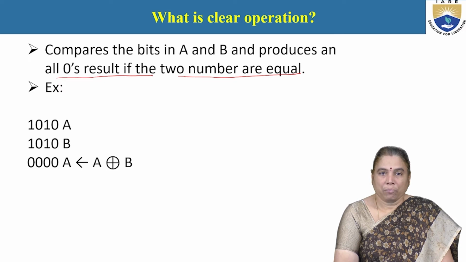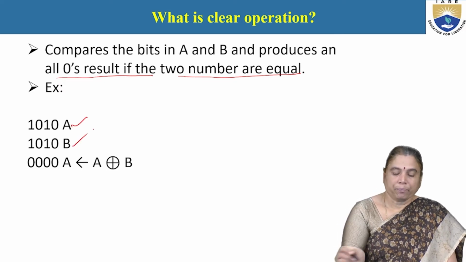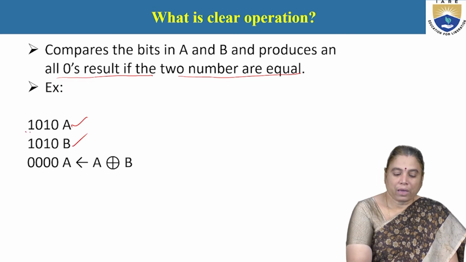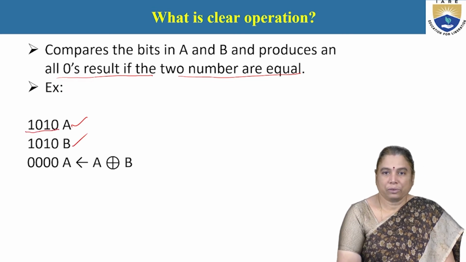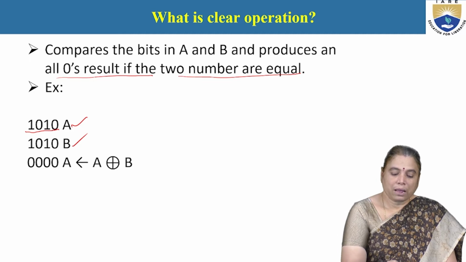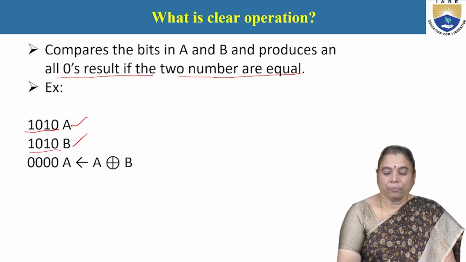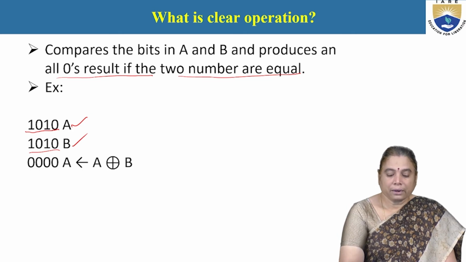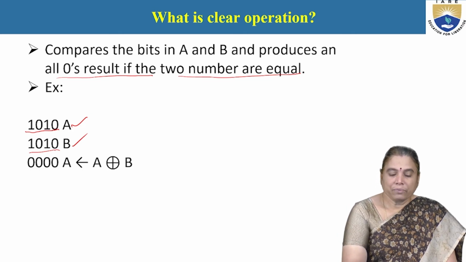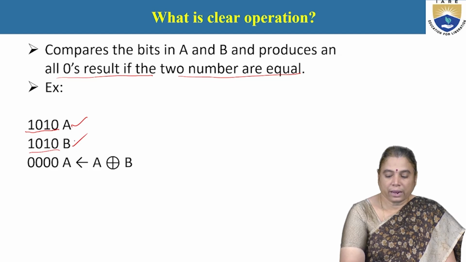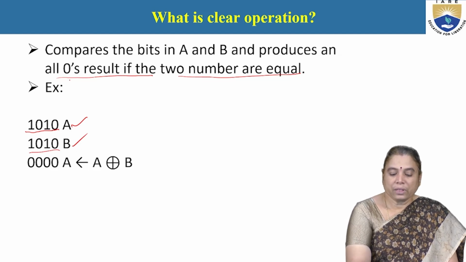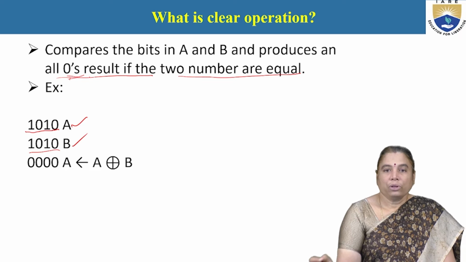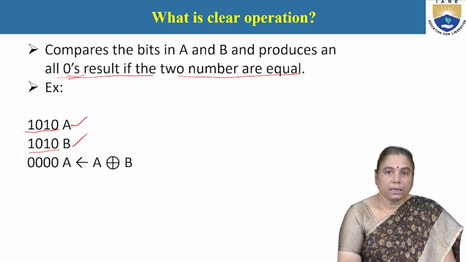For the example, we can consider two registers A and B. A contains the value 1010. B contains the value 1010. So what does the logical clear operation mean? It compares each and every respective bit of registers A and B and produces the result 0 if the two numbers are equal.